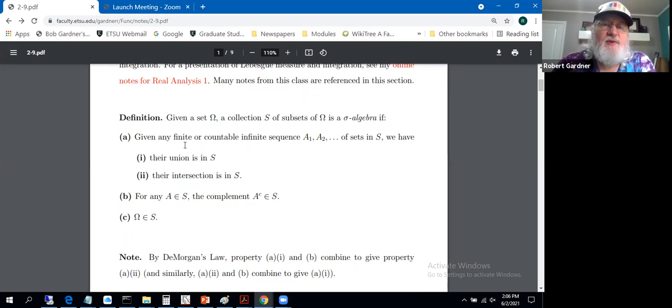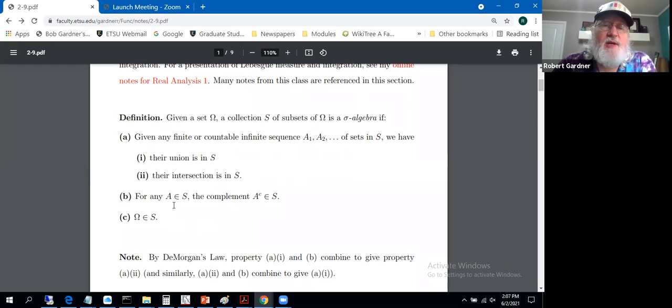Part A says, given any finite or countably infinite sequence, A1, A2, and so forth, of sets in S, we have first, the union of those sets is in S, and the intersection of those sets is in S. In closure terminology, we'd say the collection of sets S is closed under finite and countable unions and is closed under finite and countable intersections. Actually, when you say countable, that usually is understood to include finite.